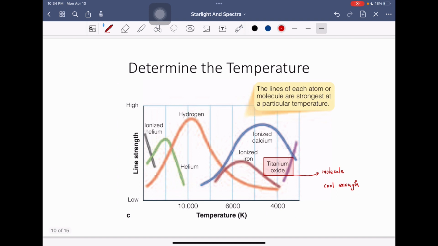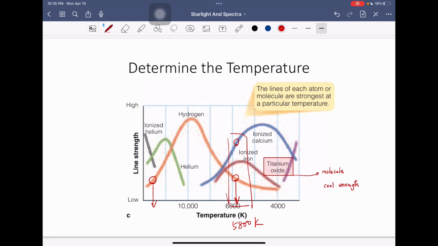By comparing different lines, we can determine a star's temperature. So, if you know that you have extremely low hydrogen Balmer series lines, but you still have two possible temperatures, but you notice the object has a relatively strong ionized calcium absorption line, then you can be sure that its temperature is about 5,800 Kelvin.